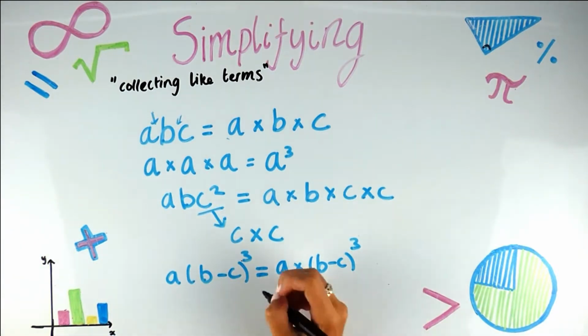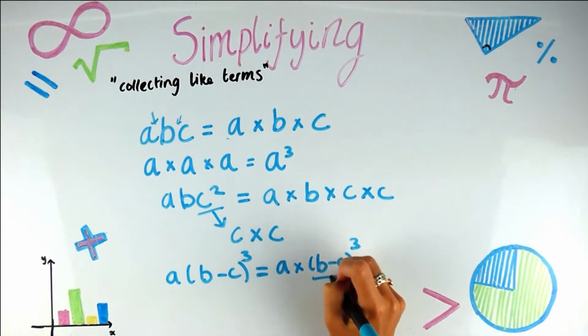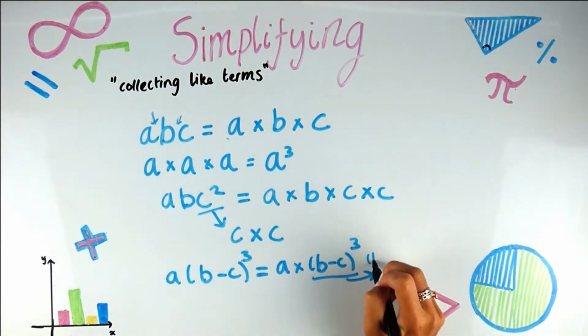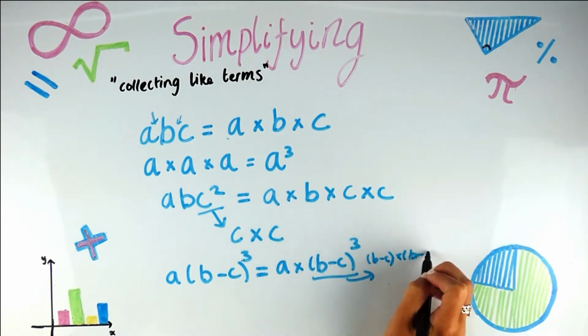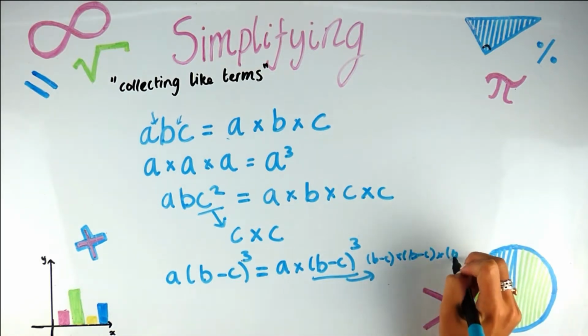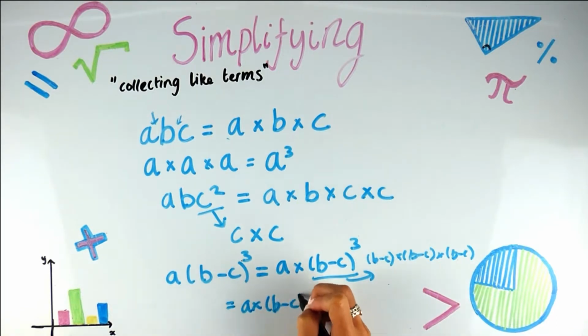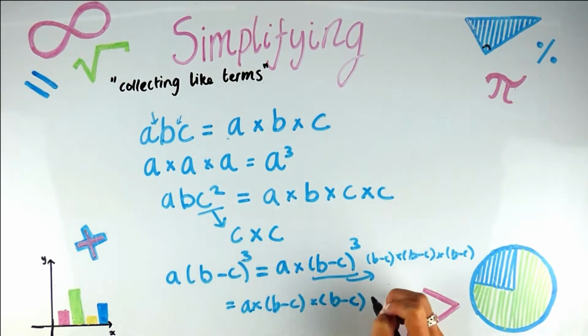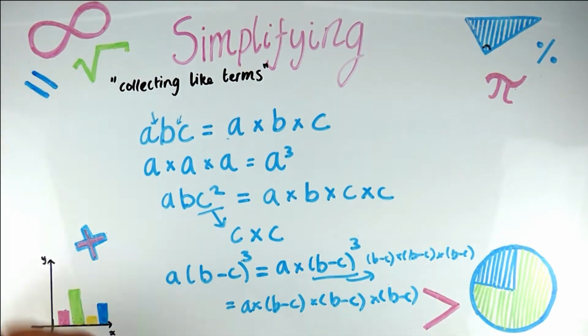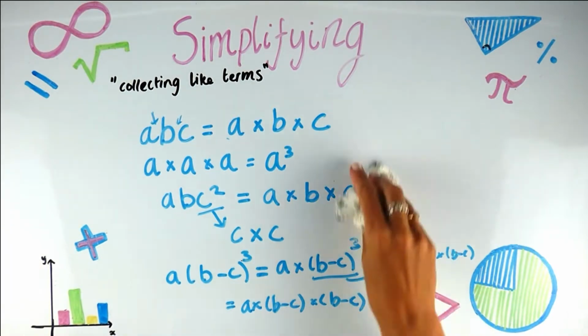So B minus C cubed is B minus C multiplied by B minus C multiplied by B minus C. So the answer to this is A multiplied by B minus C multiplied by B minus C multiplied by B minus C.